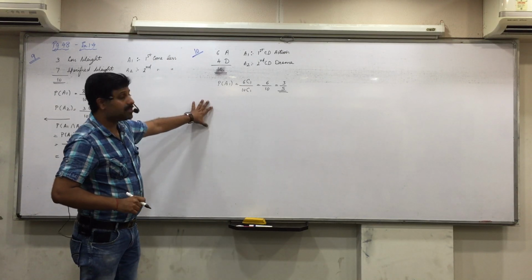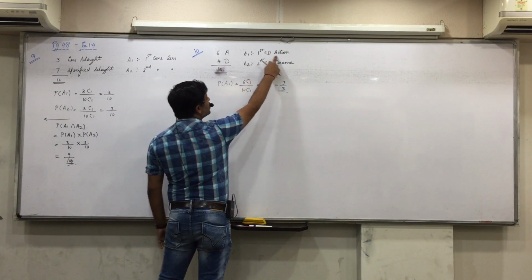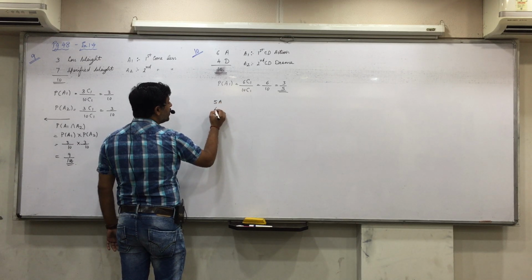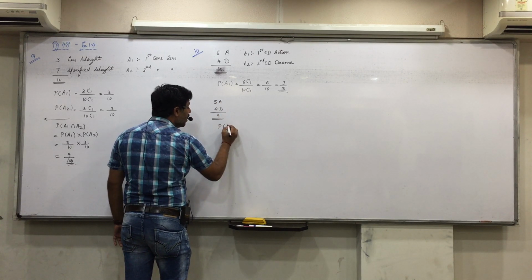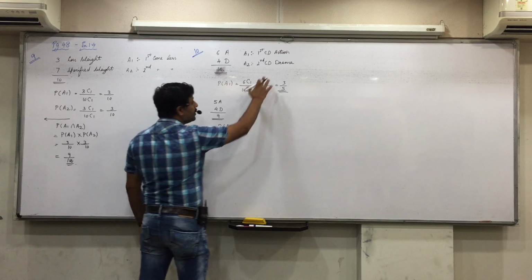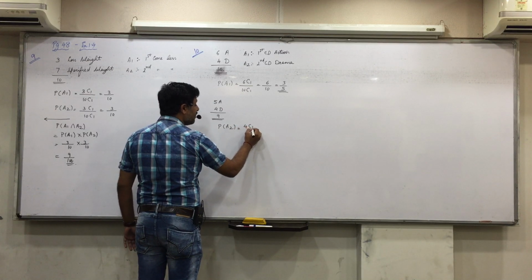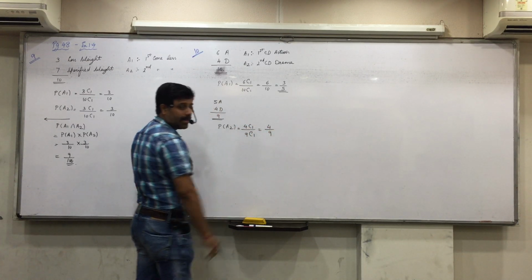So now the sample space will change. Out of 6 action movies, 1 action is already selected. How many action will remain? How many drama will remain? Total? Now what is the probability that you select a drama film? 4C1 upon 9C1, 4 by 9.